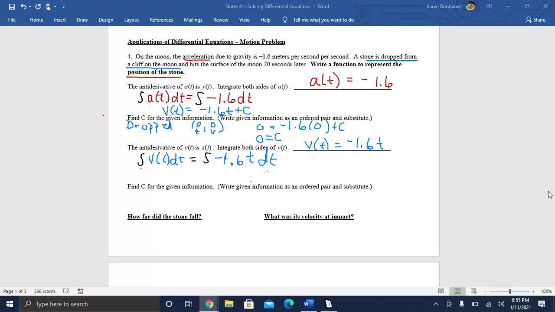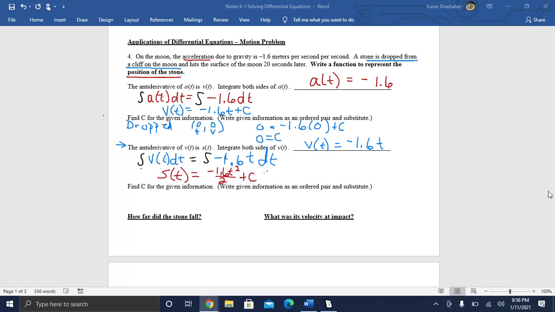And as stated right in this line, the antiderivative of v of t is s of t, or position. So s of t is equal to, and then we'll do our power rule. Negative 1.6, and then it's t. We'll add 1 to the exponent, so t squared over 2, and then plus c.